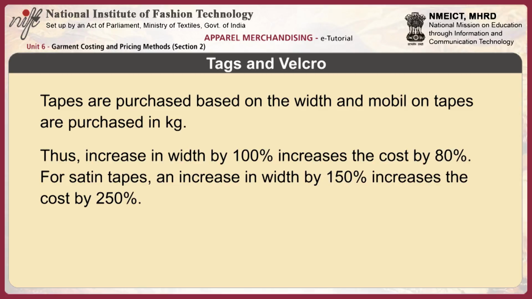For tapes made of satin material, an increase in width by 150% increases the cost by 250%. That means satin tapes are relatively expensive. Another factor that affects the cost of tapes and velcro is again minimum order quantity.